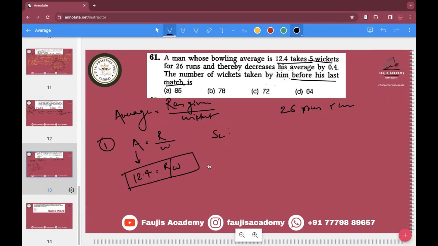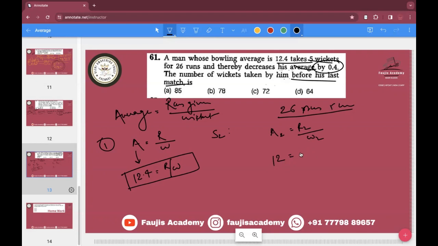After this match, he performed so well that he got 5 wickets and gave only 26 runs. Again, the average is A2 equal to R2 by W2. And then his average reduces by 0.4. So can we write it?